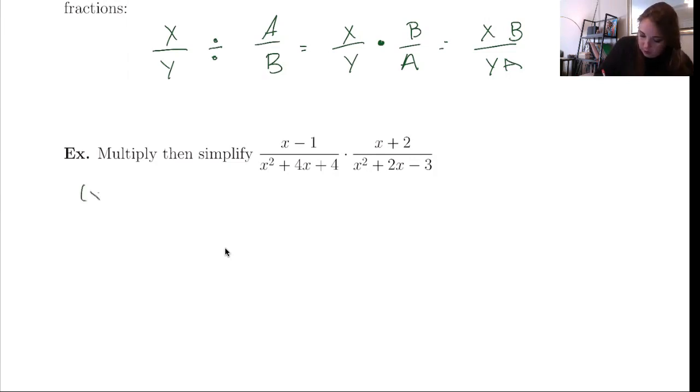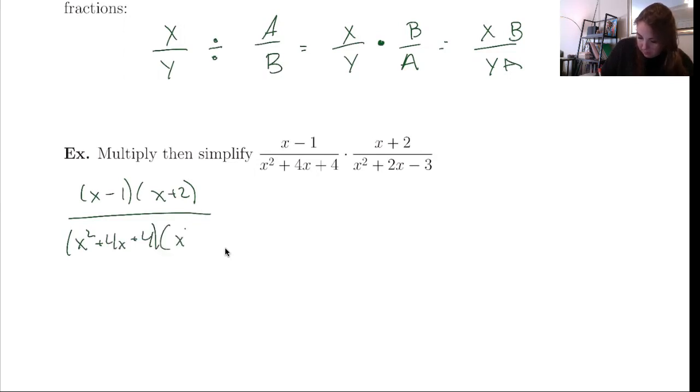So when I multiply across, I'm just going to smush everything together, right? So instead of x minus 1, x plus 2, this is where parentheses are your friend. X squared plus 4x plus 4. X squared plus 2x minus 3. All right, I'm not going to foil these, right?